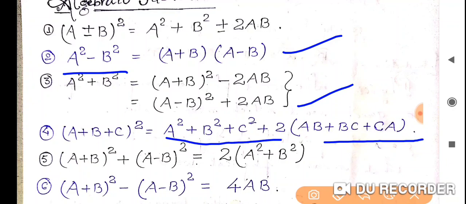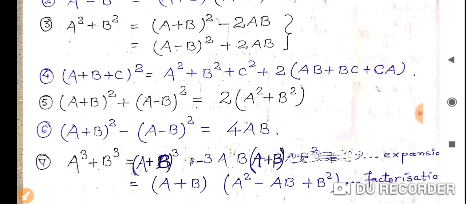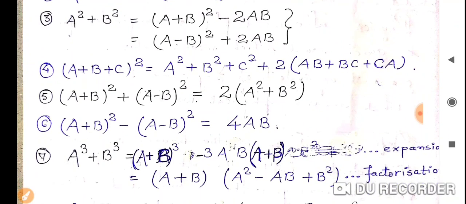Next one is (a+b)² + (a−b)² = 2(a² + b²). (a+b)² − (a−b)² = 4ab. Next one is a³ + b³ = (a+b)³ − 3ab(a+b).